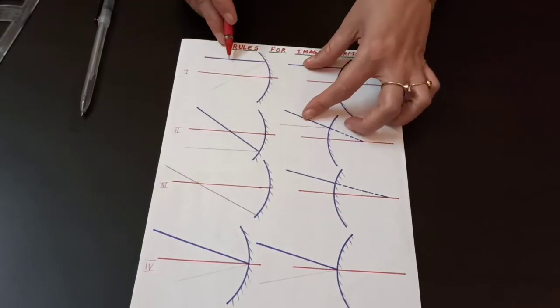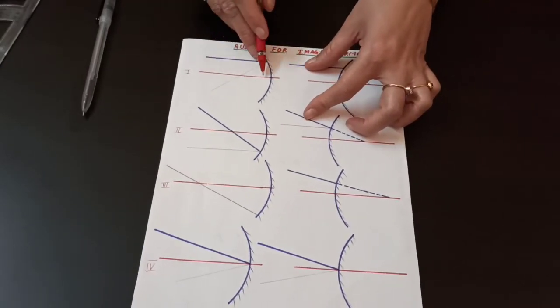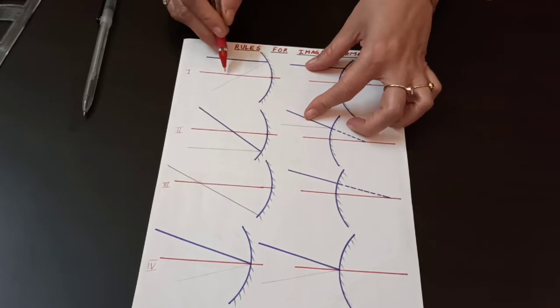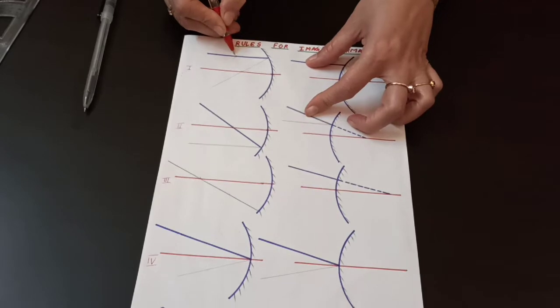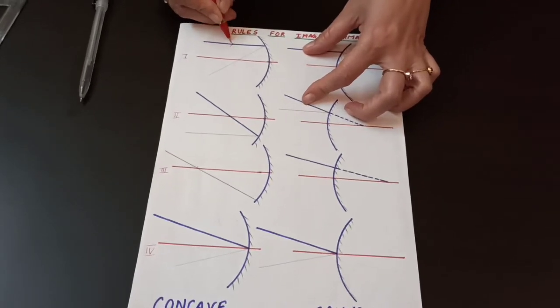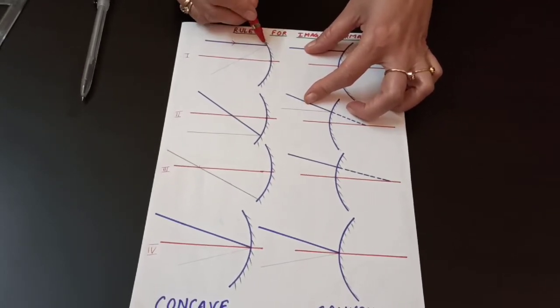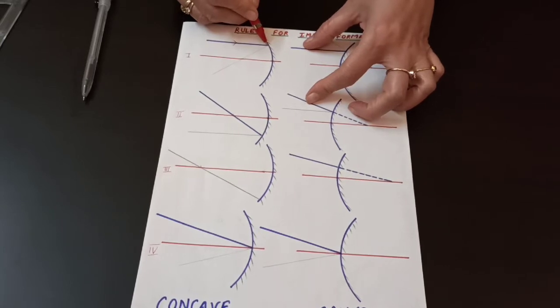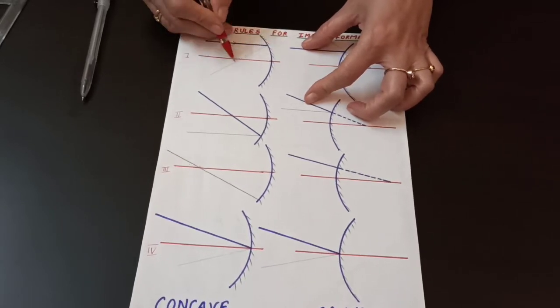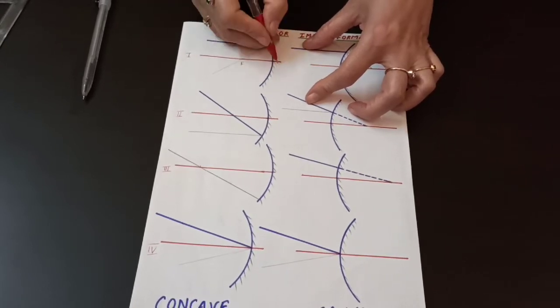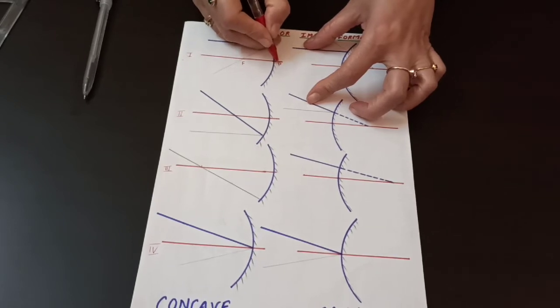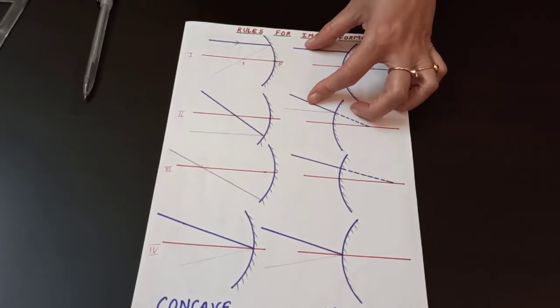I consider a light ray that is coming parallel to the principal axis. Because this is coming from the source of light, this is the incident ray. After it strikes the concave mirror, it will bend towards the normal and will pass through the focus. This is the pole of the mirror.